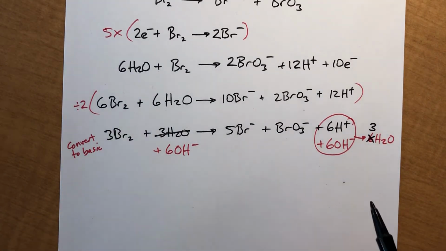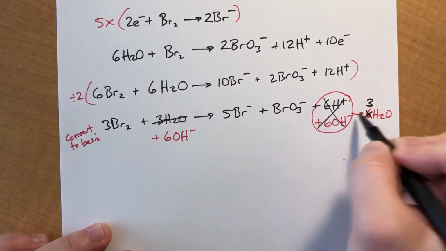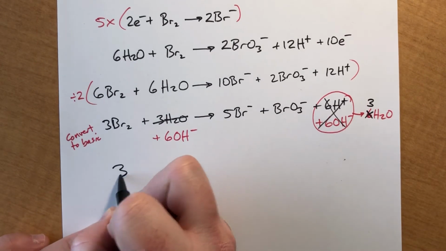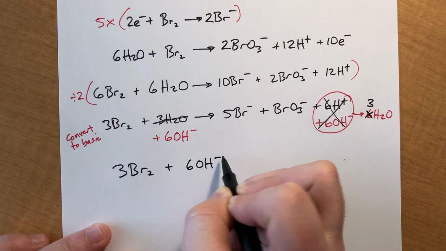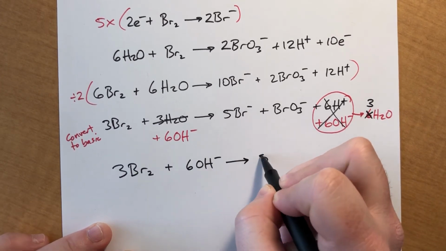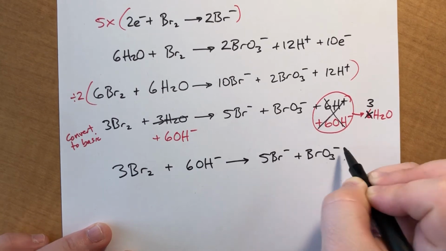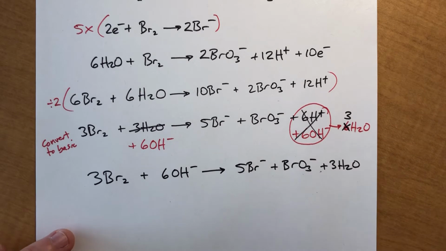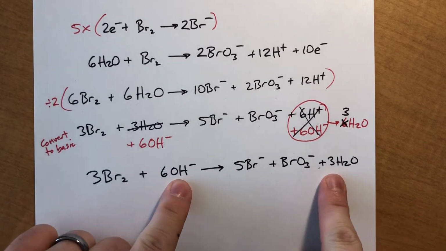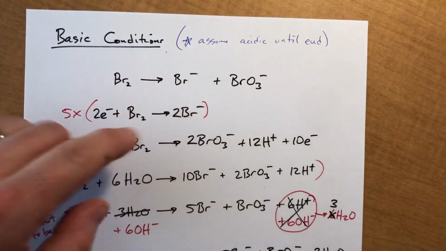So I'm going to rewrite everything so it's at least a little bit pretty. So we have 3 Br2 plus 6 OH minus forms 5 Br minus plus BrO3 minus plus 3 waters. And if I didn't mess anything up, this should be balanced and it should be basic. We know it's basic because there's only waters and OH minuses other than the original atoms that we started with.